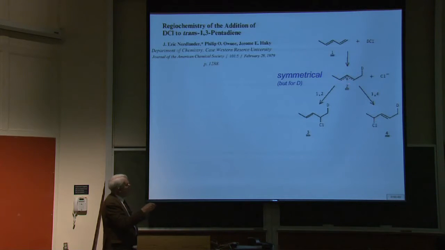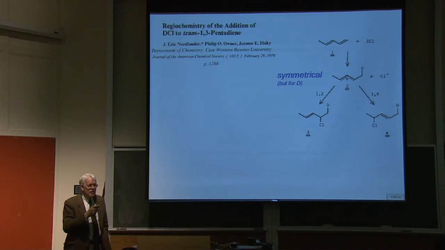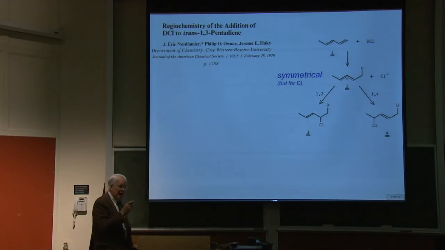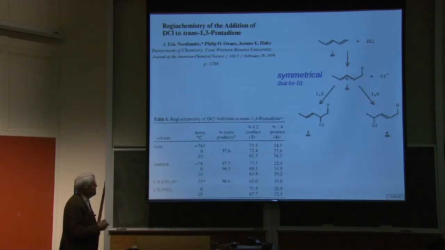Now, if it had to do with the kind of thing we talked about before, where's the best place to put a chloride, where do you get the best overlap, that's the same here and here. So it should be 50-50 in this case because of the intermediate being symmetrical. When it was butadiene, we didn't have this methyl group and it was unsymmetrical, and we did the analysis of the previous slide, where would be the best place to attack. But now it's symmetrical, so we should get 50-50.